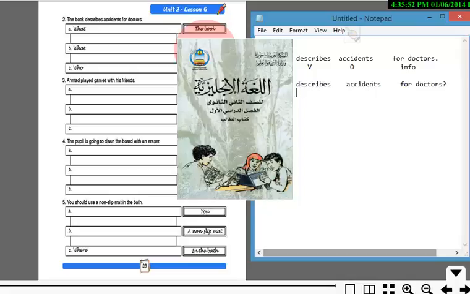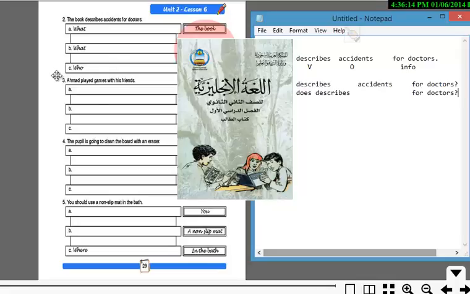We're going to change the verb again into two parts. Last time we did change the verb told into did tell. In this one it is going to be changed here as does describe. And then for doctors, it's just going to be kept the same.